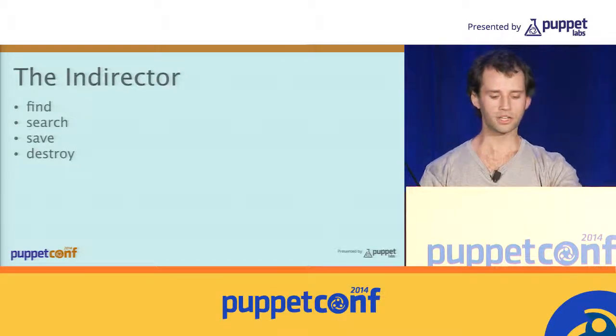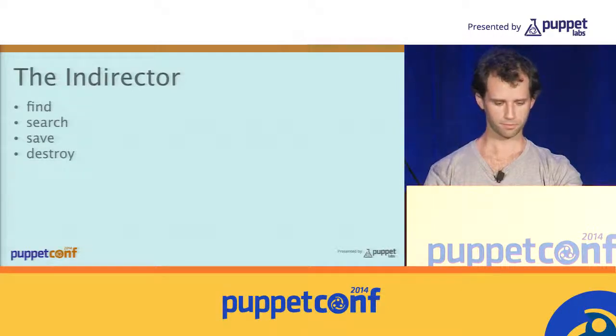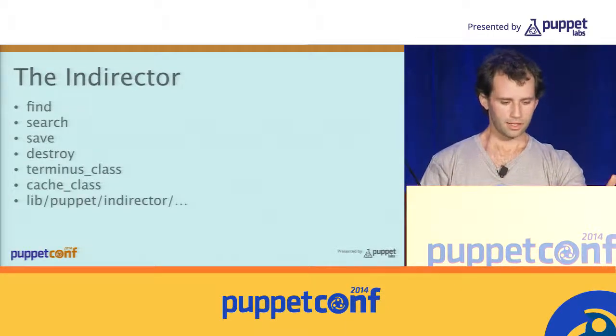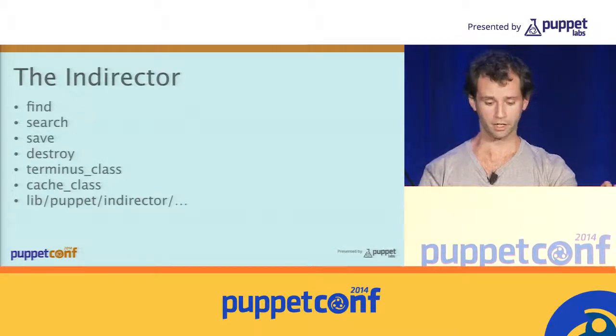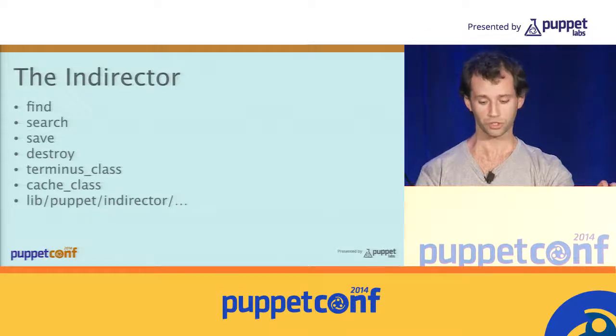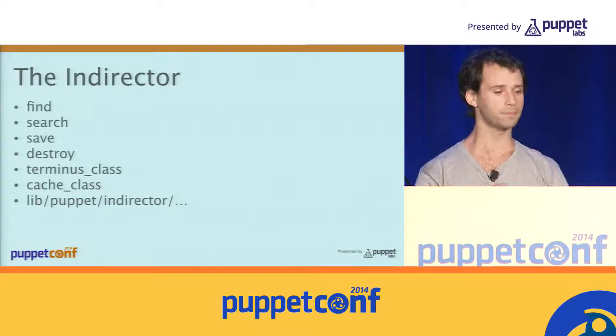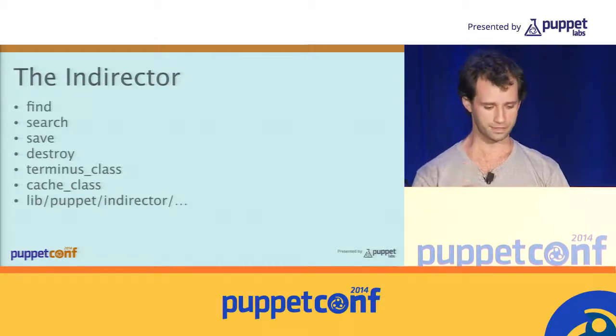So like when the agent decides it needs a catalog, it uses catalog.indirection.find. Any class that indirects has 2 globally configured termini, a regular one and a cache one. And these termini are the code paths that actually obtain or create objects of that type.